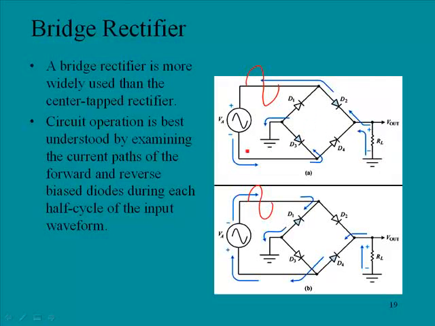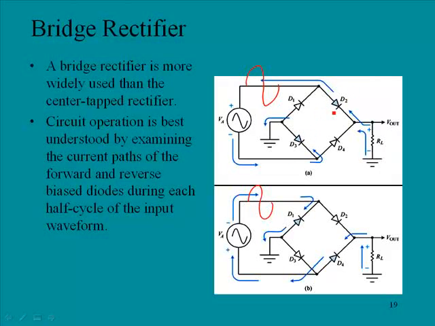You can just put the entire secondary across this device. And so you'll be able to utilize the full secondary rather than just half of it. And it's going to utilize 2 diodes in the path instead of 1.